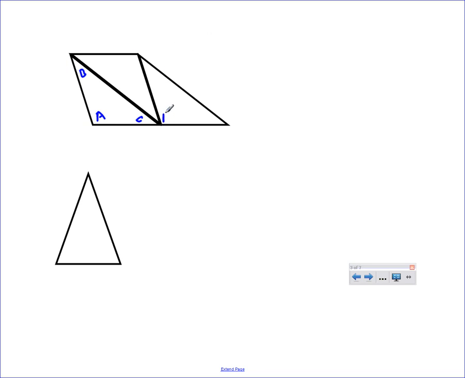This is angle A, this is angle B, and this is angle C. When I turn it upside down, this right here becomes angle B, angle A is over here, and angle C is right there. Notice I get angle A, angle B, and angle C right next to each other, and those 3 angles come together to make a straight line. See that? And how many degrees are in a straight line?